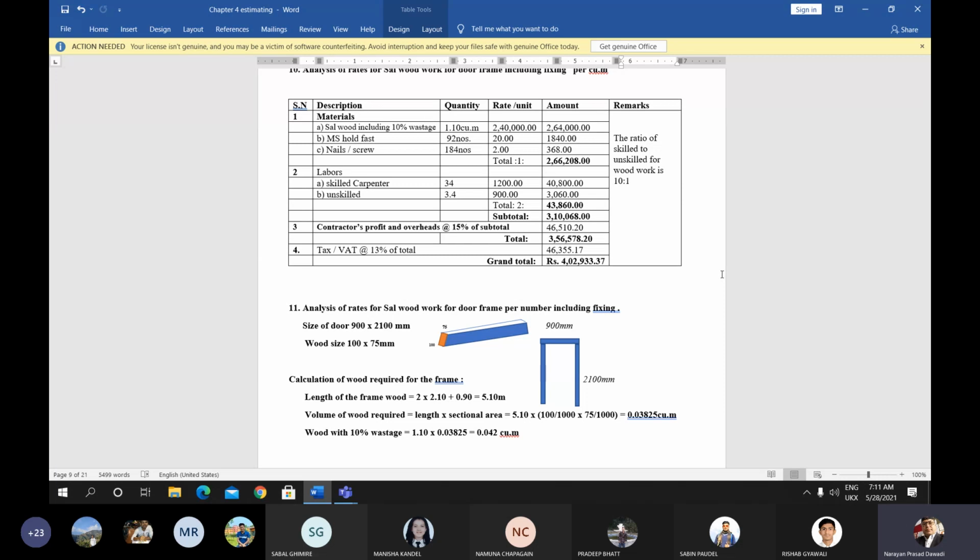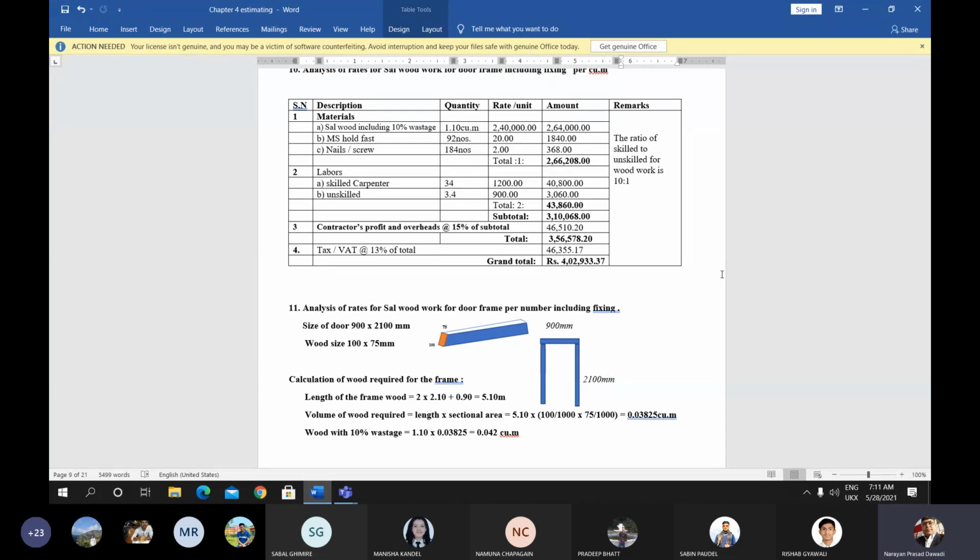In a single door frame, there must be a minimum of four numbers of holdfast. If you divide the 92 numbers of holdfast by 4, then 23 numbers of door frame can be built by using 1 cubic meter of the solid wood.